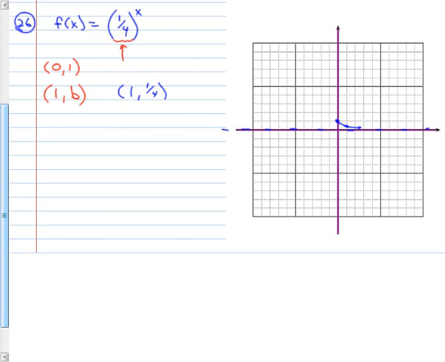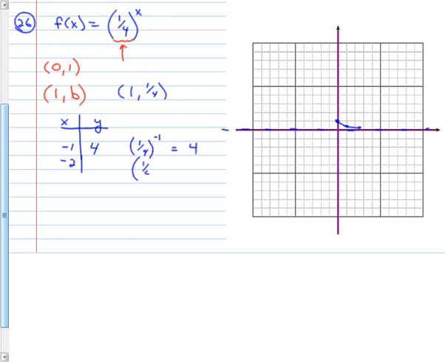And back to the left, I just need a couple of points so I can see how steep that curve is. So I'll make just a little table of values. I'm going to choose a -1 and a -2 into my equation. So if I take 1/4 and raise it to the negative first, well, a negative exponent is just going to flip that fraction. It becomes 4 over 1, or 4 to the positive first.